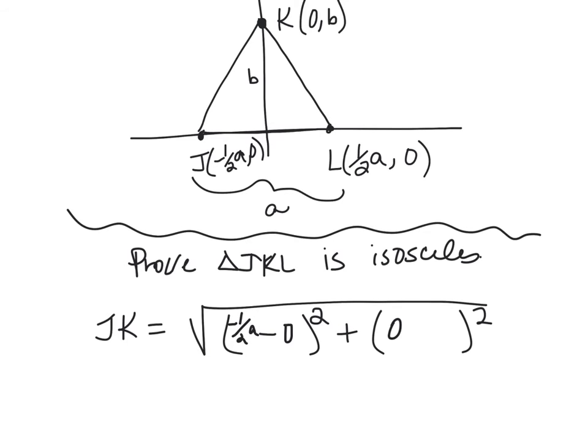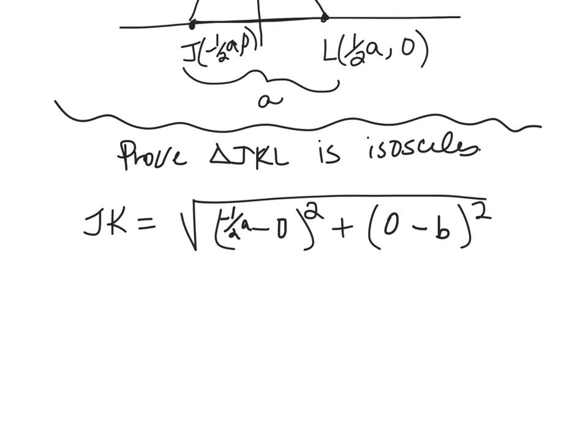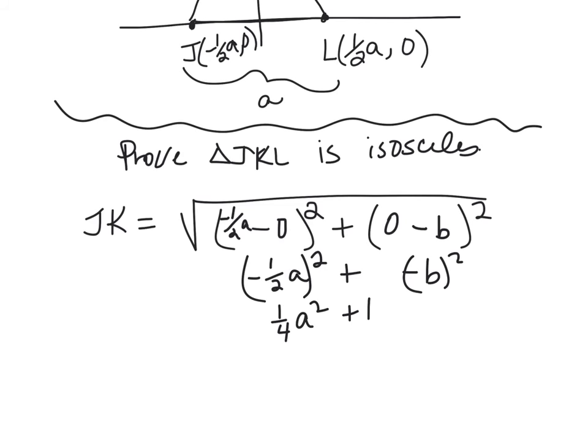And then I have 0 minus B. So here when I do the math, I have (-1/2 A) squared plus (-B) squared. So this is 1/4 A squared plus B squared, and of course it's still under the radical. And that's as far as I can go. So this is the length of JK.